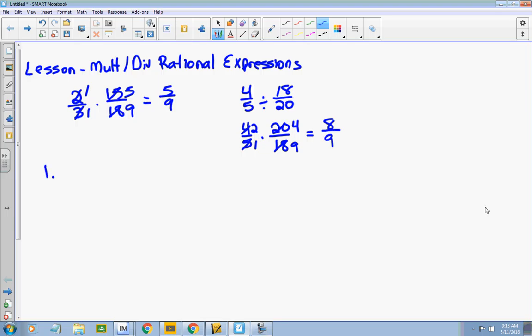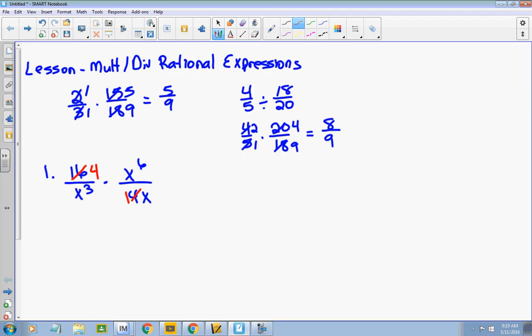So let's say we have 16 over x to the 3rd times x to the 6th over 4x. Okay, so again we look at the coefficients and we reduce those like fractions. And I see that my 4 and my 16 have a common factor of 4, so I can simplify that.